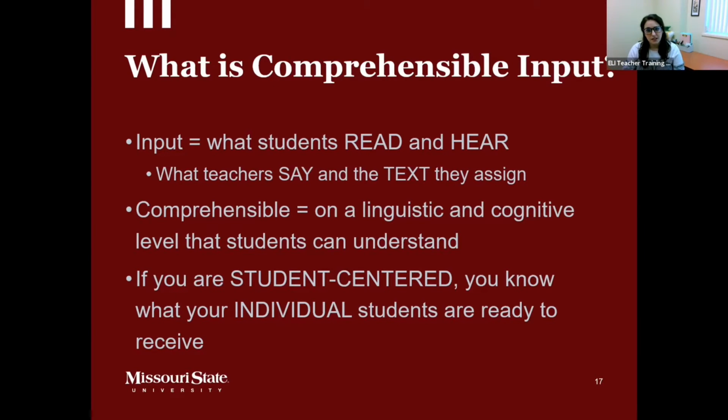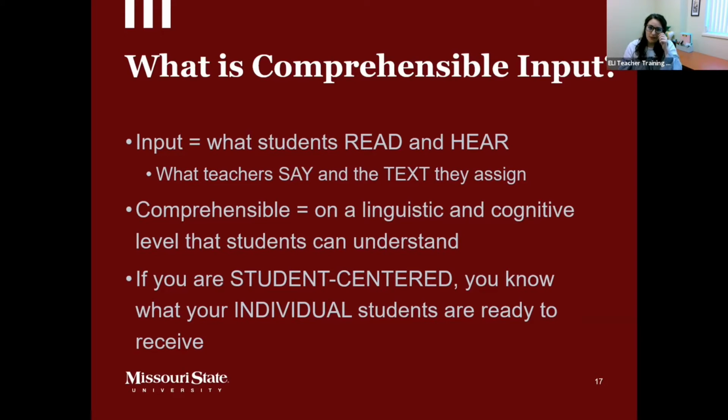For cognitive, this has to do not just with the potential of a cognitive disability, but also age. Students at a certain development level are cognitively ready for more abstract or more concrete concepts. So comprehensible input should be at the proficiency that's appropriate for your students and the developmental age that's appropriate for your students.